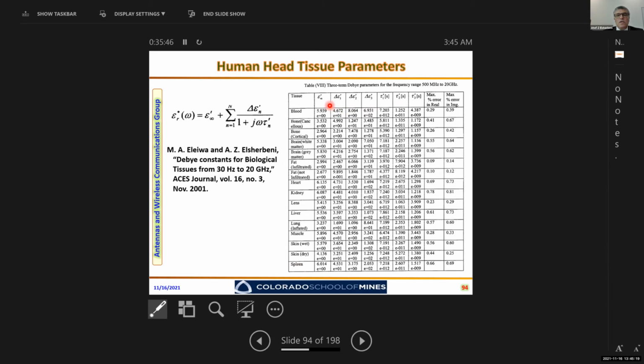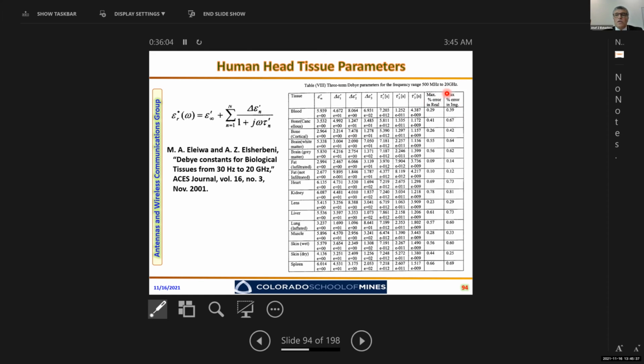So you can see here 3 deltas and 3 taus. And once we have developed those numbers, you can use all these things in the dispersive finite difference time domain solution, and you get solution all the way from 500 megahertz all the way to 20 gigahertz.